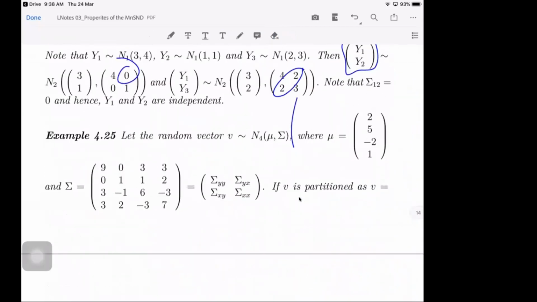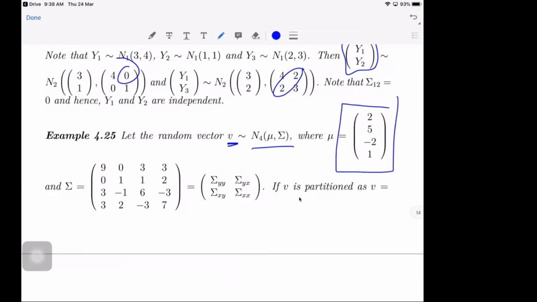So applying that in this example, suppose you have a random vector v, which is normally distributed with mean mu. The mean is equal to 2, 5, negative 2, 1, and the covariance matrix is equal to this.